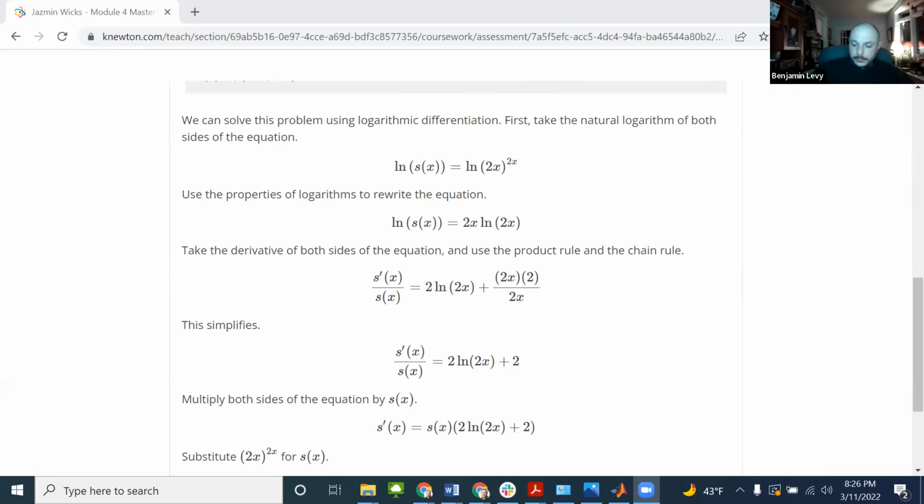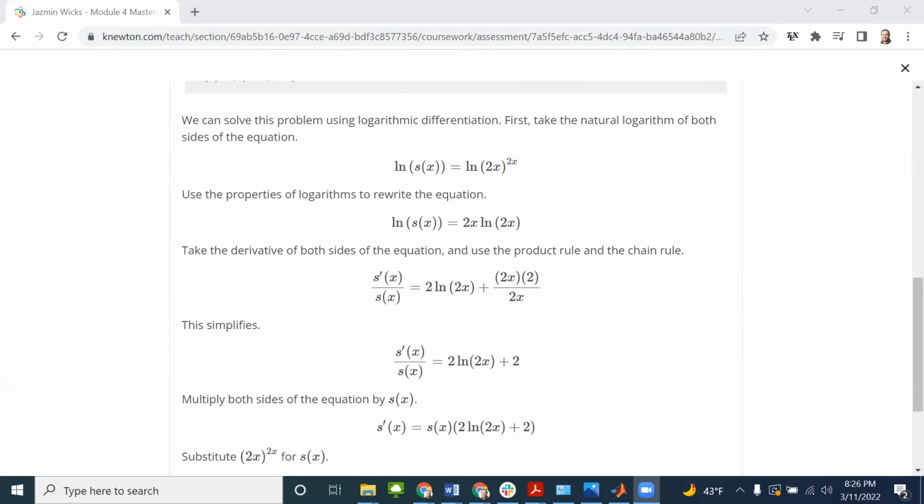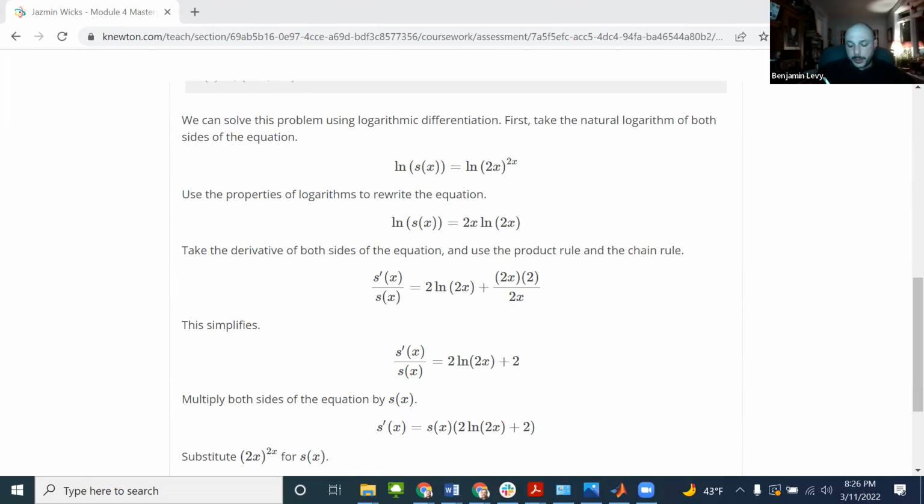So what did we make it to? I think we were on the right side evaluating. So there's 2x natural log of 2x, and we had to use the chain rule. So what we just did on the other page was what I just boxed in there.